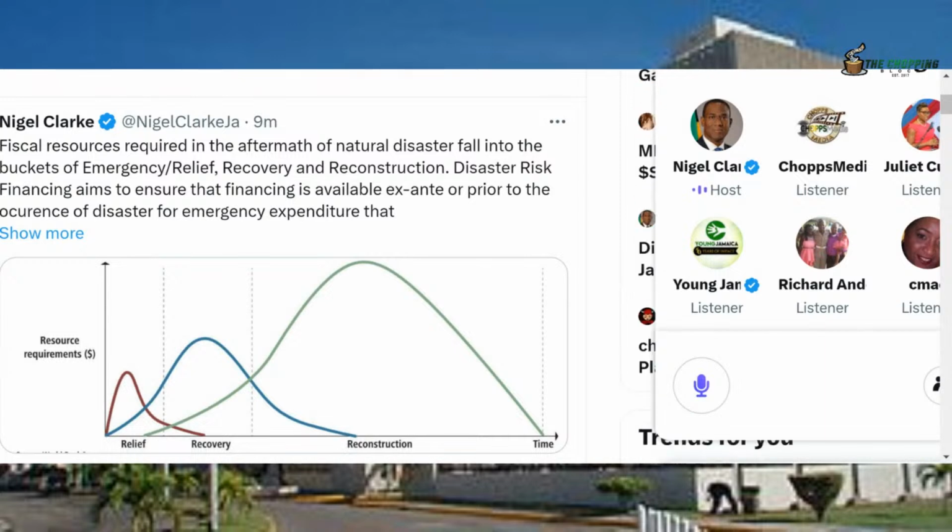So now, just the final thing on the catastrophe bond: if one can guarantee that a Category 5 hurricane will not pass over Jamaica, and a Category 5 will not pass on the shores of Jamaica, then we don't need a cat bond.